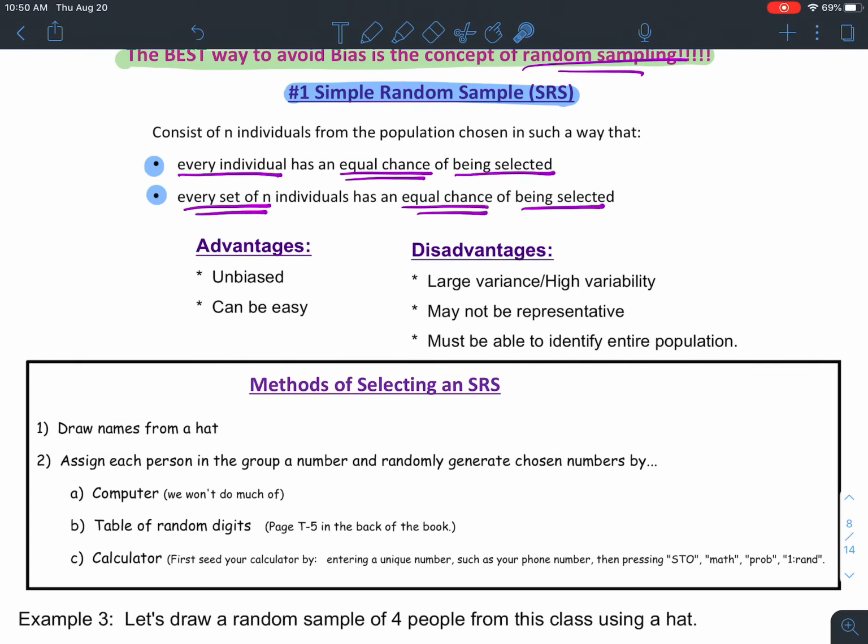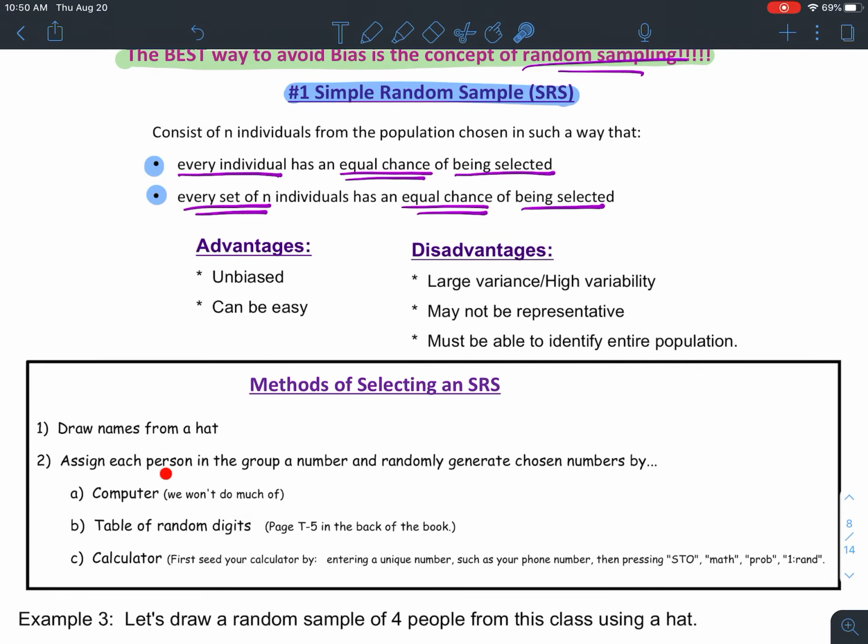The easiest is, I mean, this isn't always the easiest, but on your problems in AP Stats, when it asks you how you are going to randomly gather your sample, sometimes the easiest way to explain is just to say, I'm going to place everyone's name in a hat, and then I will randomly draw out n number of names from the hat.